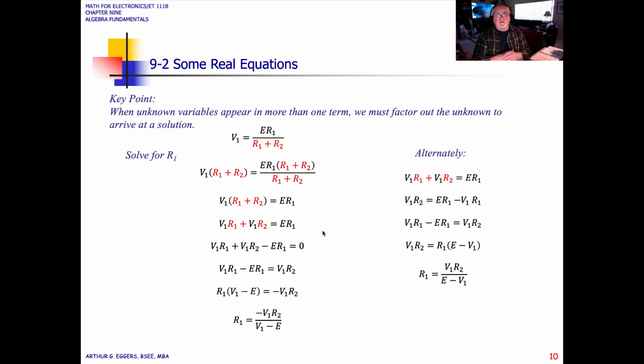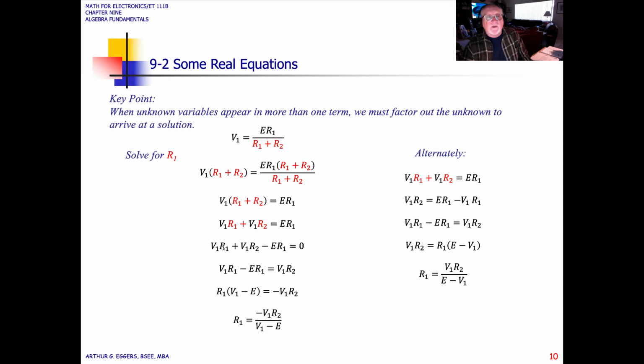I'm trying to gather terms together so that I can solve for, in this case, R1. That's exactly what they want us to solve for. Hint, that's what was given to us in the problem. So now what I'm going to do is I want to look at all the terms that have R1 in them. I'm going to gather them to one side. Anything that doesn't have an R1 goes to the other side.